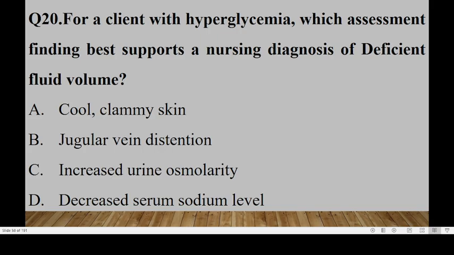For a client with hyperglycemia, which assessment finding best supports a nursing diagnosis of deficient fluid volume? Hyperglycemia, deficient fluid volume. And this is the increased urine osmolarity.